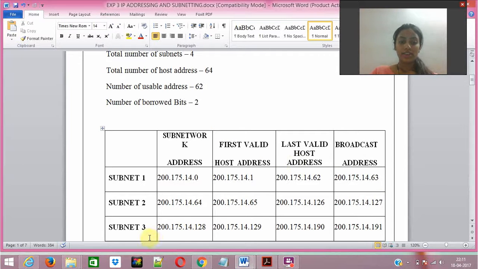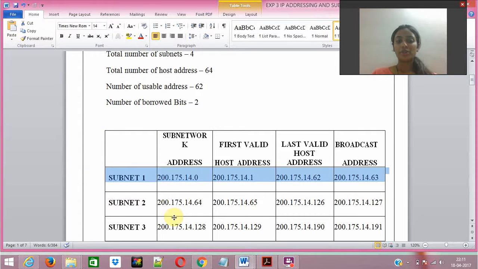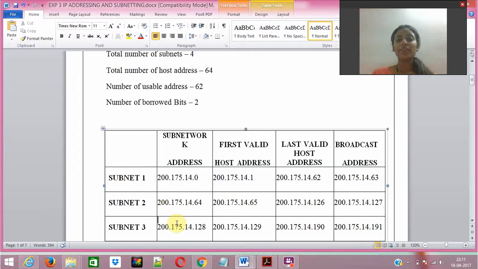For subnet 3, the network address, as we have discussed before, is 200.175.14.128, and the first valid address will be 200.175.14.129. If I were supposed to create one more subnet, the network address should have been 200.175.14.192.